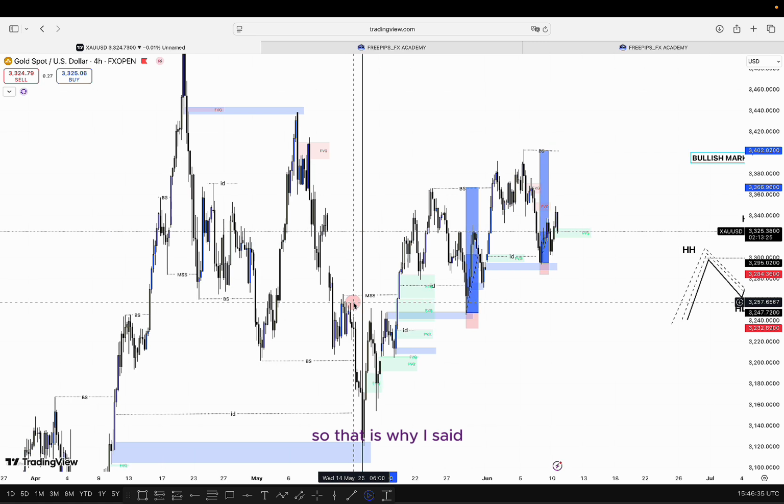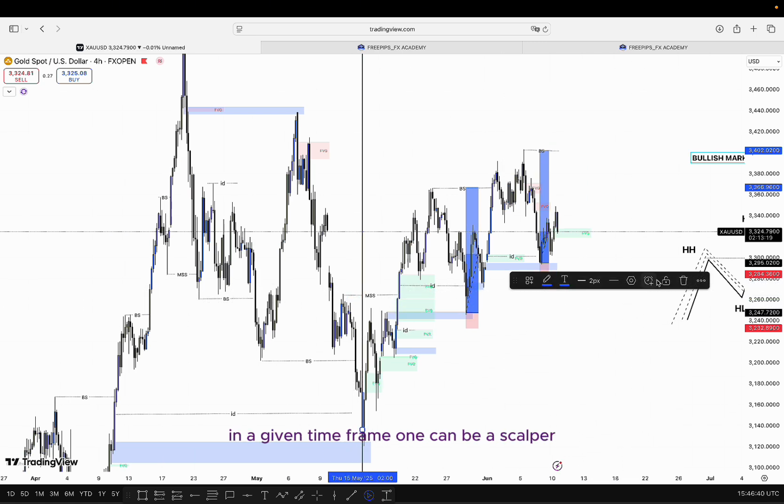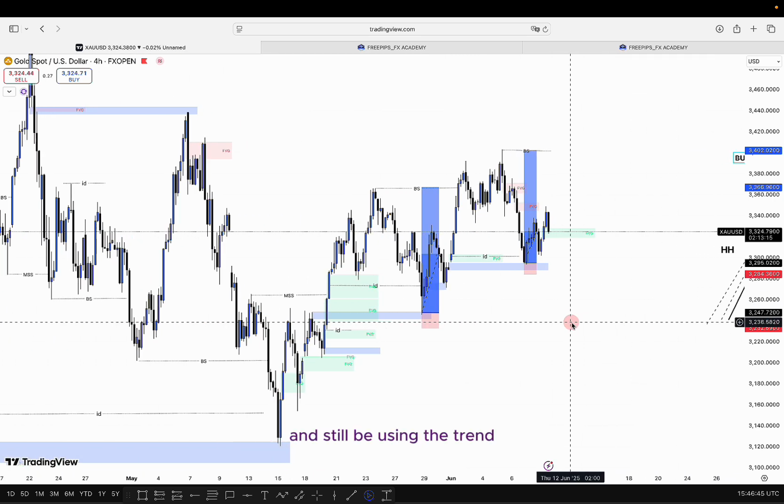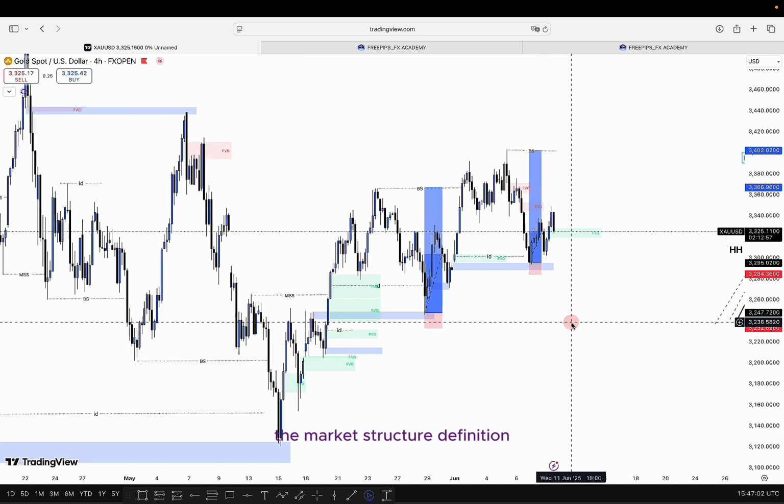So that is why I said in a given time frame. One can be a scalper trading in the 1 minute time frame and still be using the trend. But then a 1 minute time frame trend can be different from a 1 hour time frame trend. So that is why I said in a given time frame, in the market structure definition.